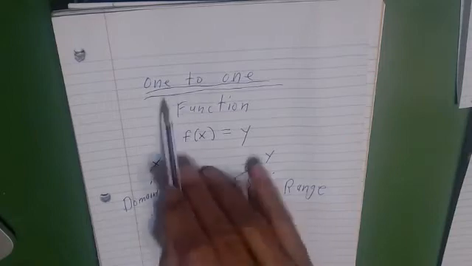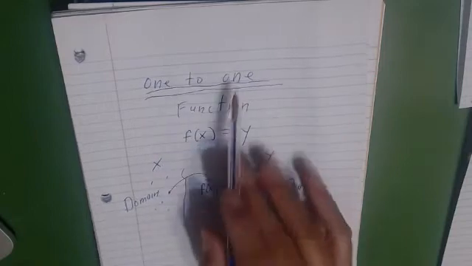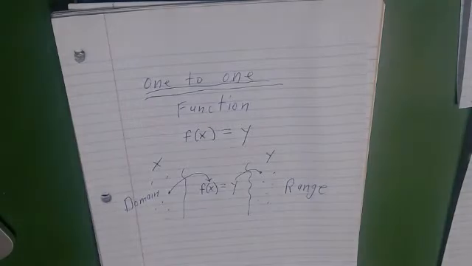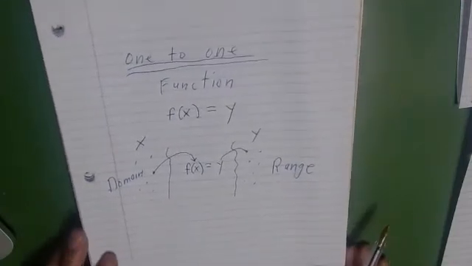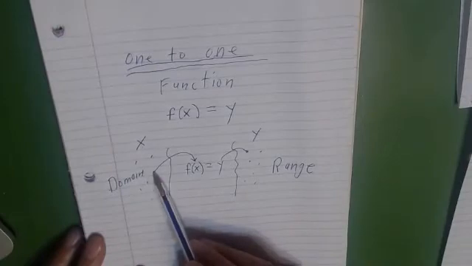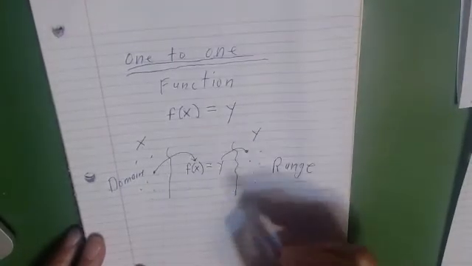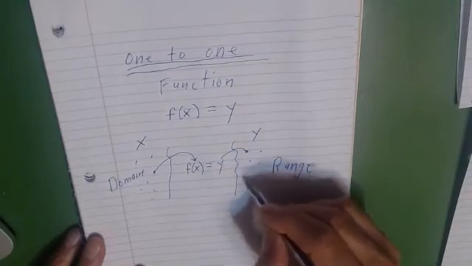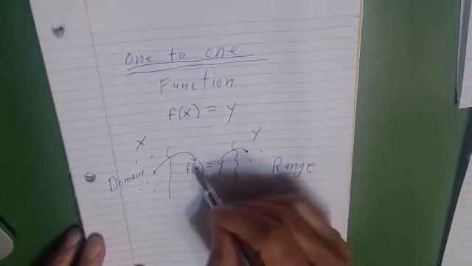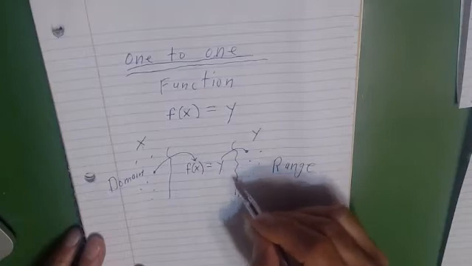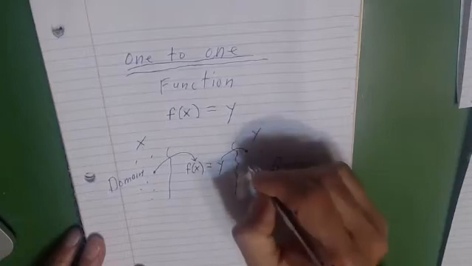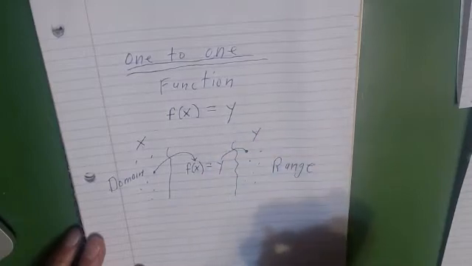That's a requirement of a 1-to-1 function. And also, there's another requirement. But first, with this first requirement, if this x produces this y, it can't also produce some other y. For this same value of x, you can't have another value of y. You can only have this one value.